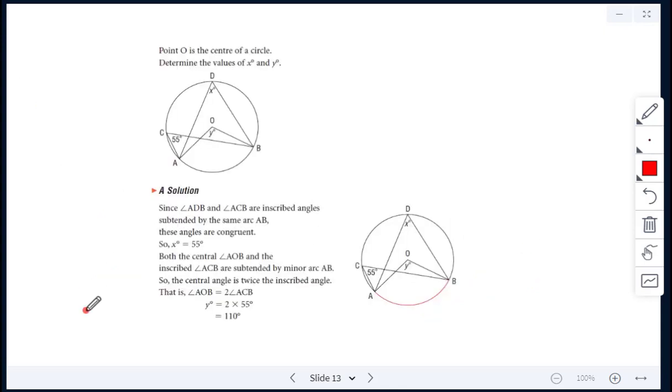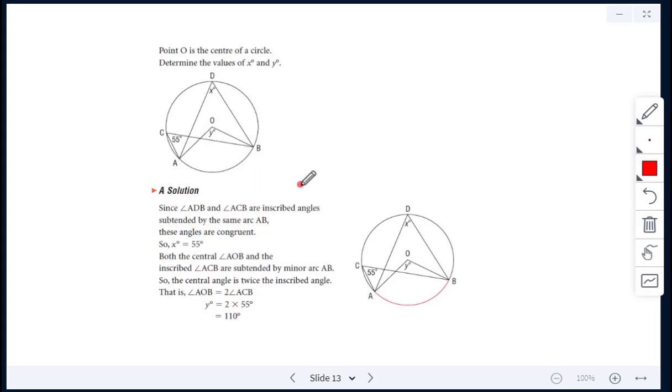In this example, point O is the center of the circle, and we have to determine the values of x and y. We are given one inscribed angle here, and notice that they are all subtended by the same arc, AB.